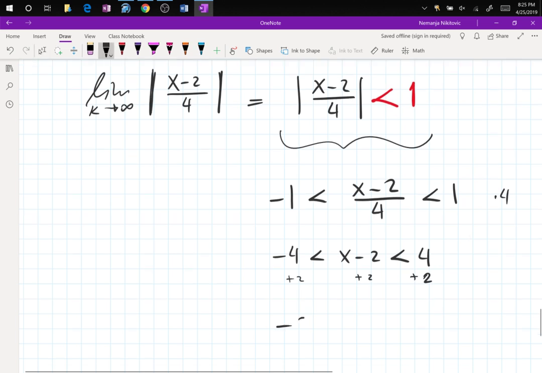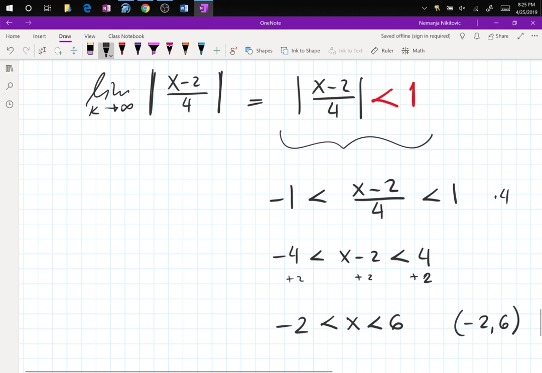And you have negative 2 less than x less than 6. Hello, interval, right? Any number that you pick from this range, you are going to get a convergent alternating series. Any number you pick outside of this range, you are going to get a divergent one.